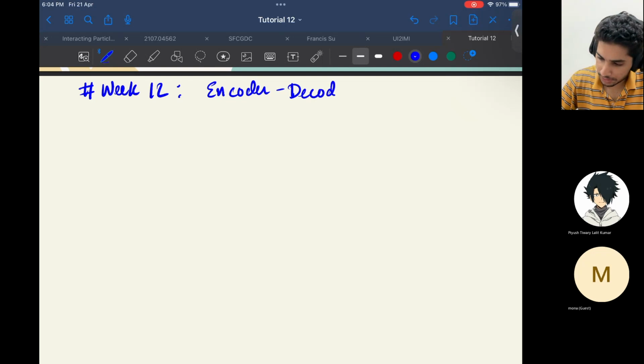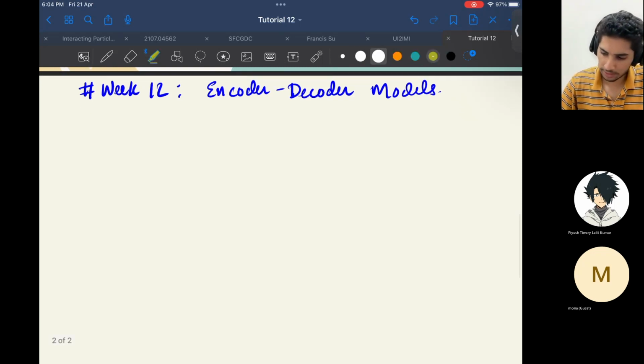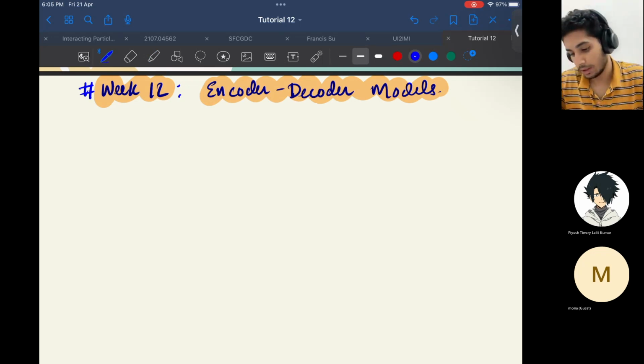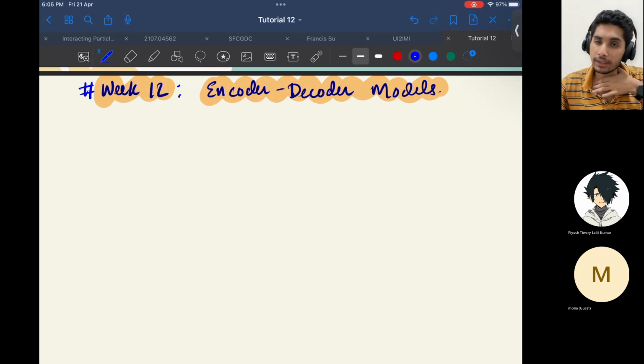Encoder decoder models, right? And it also had something called attention, but attention is just a fancy term for something which is very simple. As I said, you might feel that we have learned several things through the course of this course.